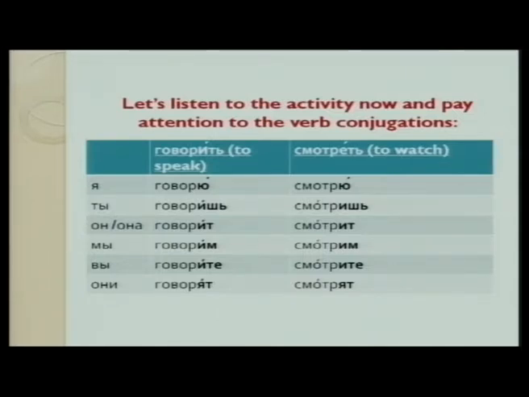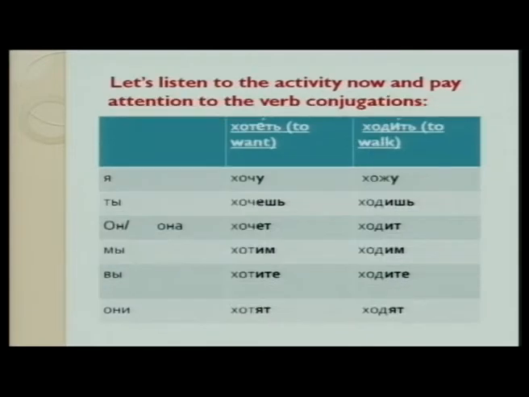Я смотрю, ты смотришь, он, она смотрит, мы смотрим, вы смотрите, and они смотрят. Let's also learn a few more verbs such as хотеть, which means to want, and ходить, which means to walk. Я хочу, ты хочешь, он, она хочет, мы хотим, вы хотите, and они хотят.